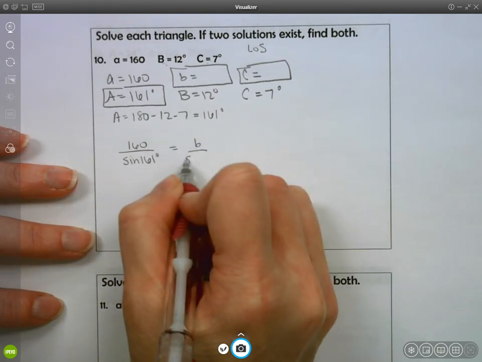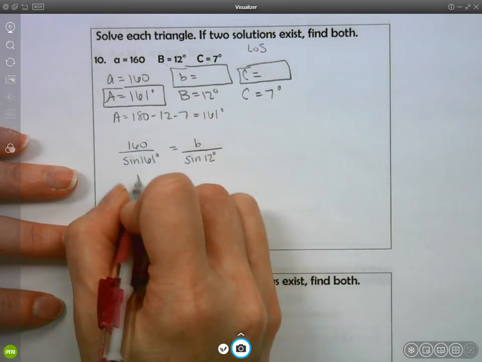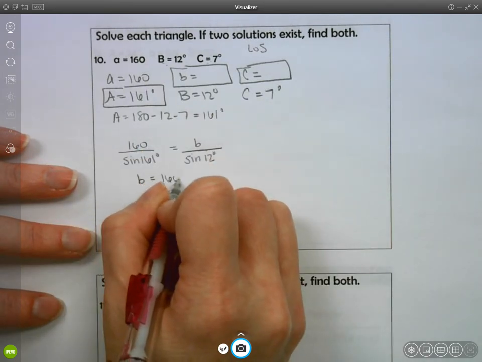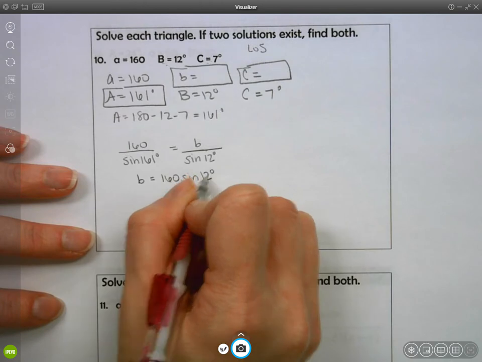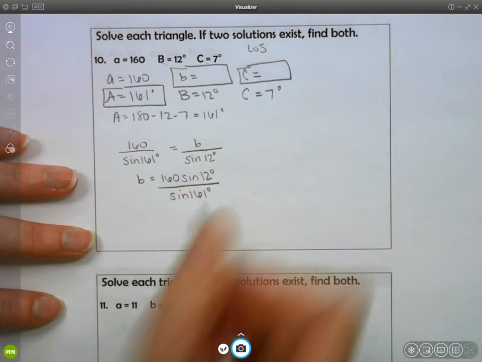And let's see, we'll find side B. So side B will be equal to 160 sine 12 over sine of 161.